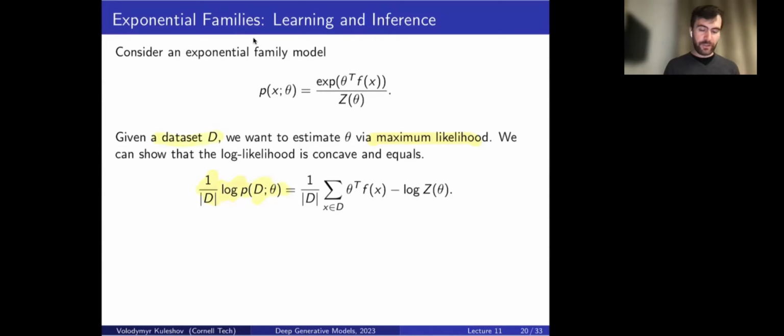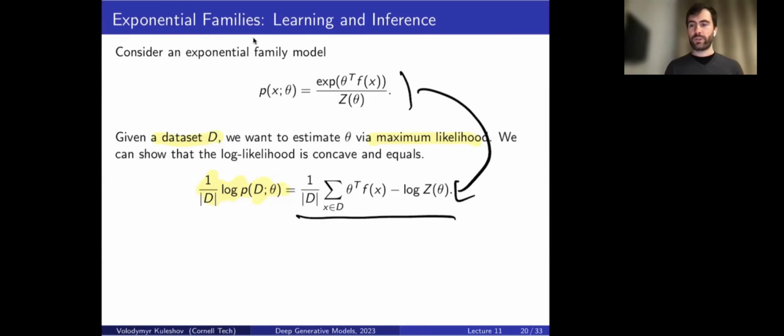Let's say we have a data set D. So the likelihood is the log probability of the data set normalized by the number of data points in our data set, which is the cardinality of the set D. That likelihood has the following form. This is the form of my log likelihood. That's just plugging in my definition of an energy-based model. Here, I get this particular expression.